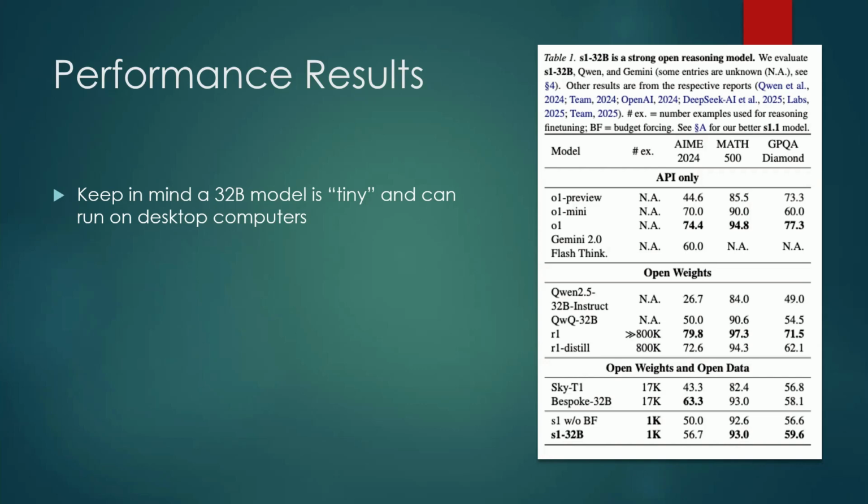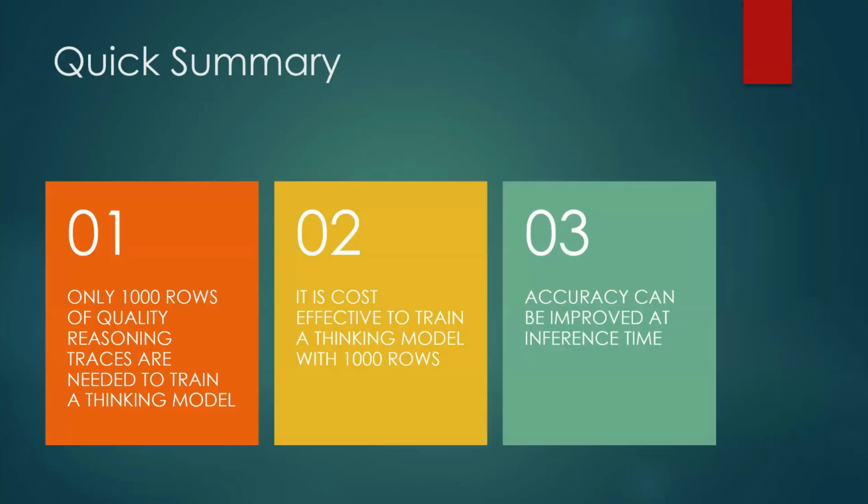They also did an ablation study to check whether 1,000 rows is really all you need. They got all 59,000 rows, retrained the model, and checked the benchmarks, and it wasn't actually that much better than with the 1,000 rows. They removed data, they added data, and they were able to figure out that yes, if you have 1,000 rows of high quality data, that's enough.